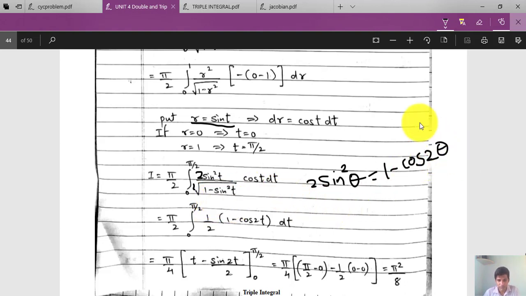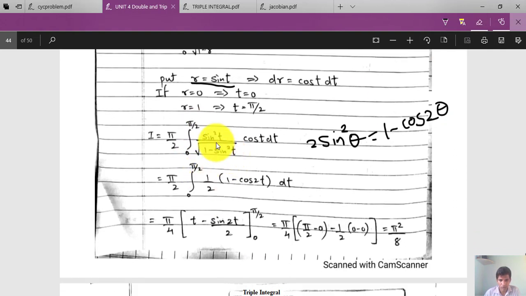So here this turns out to be this. So 1 by 2 is already here, so I will take it outside. After integrating, the integration of 1 turns out to be t, and of cos 2 theta it is sin 2 theta by 2, over the limits 0 to pi by 2. Therefore, after evaluation I get an answer, that is pi square by 8.